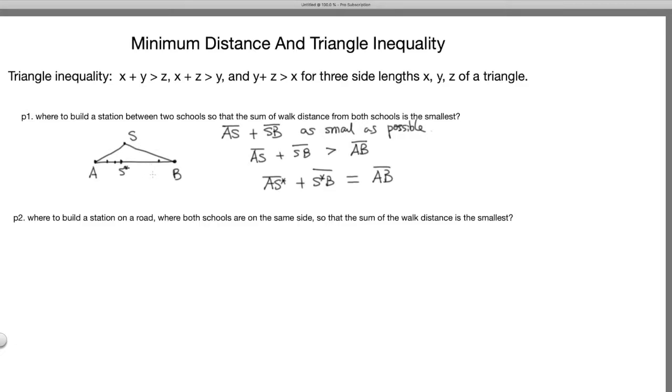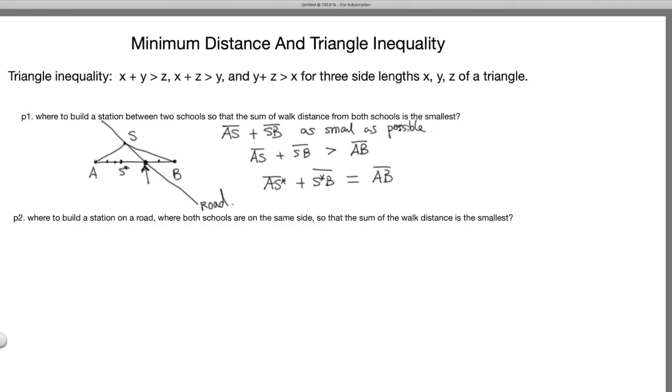But let's say here we have to build a station along a road. Let's say the road goes like this. And the bus station has to be built along the road. Where should the station be built? With this little limitation, it should be built here.